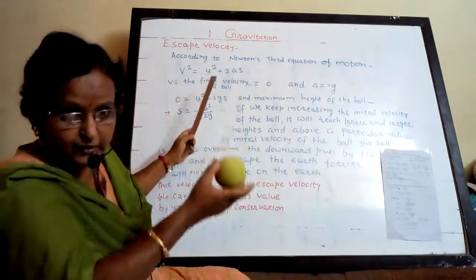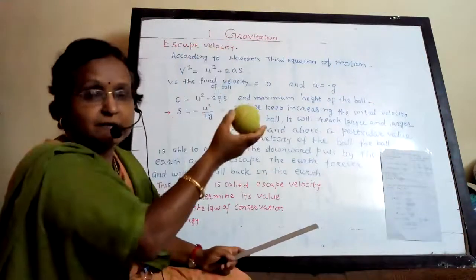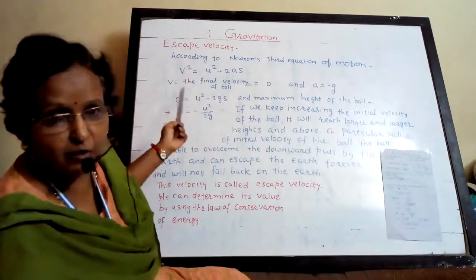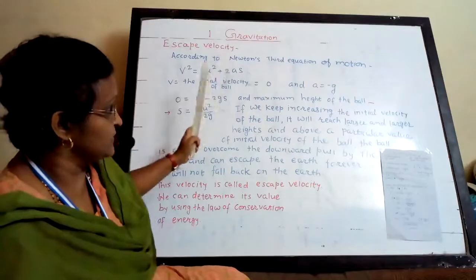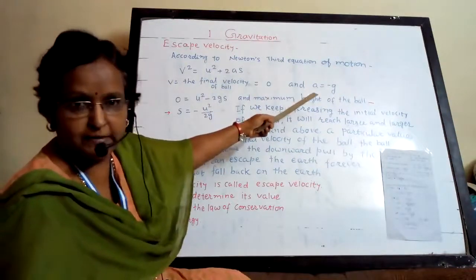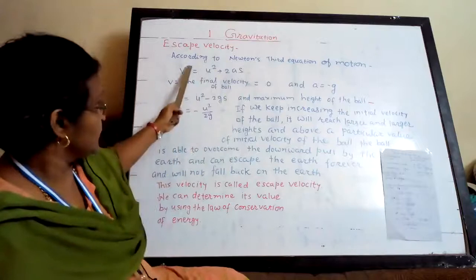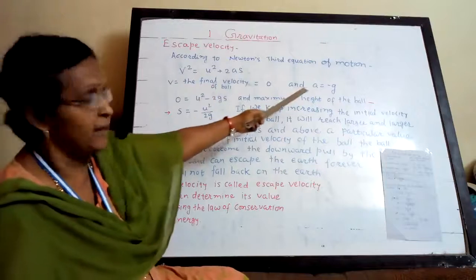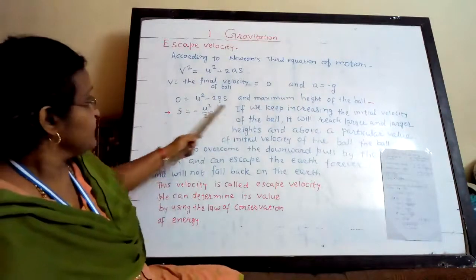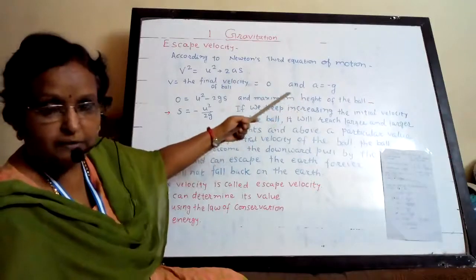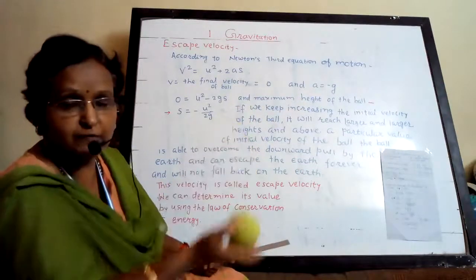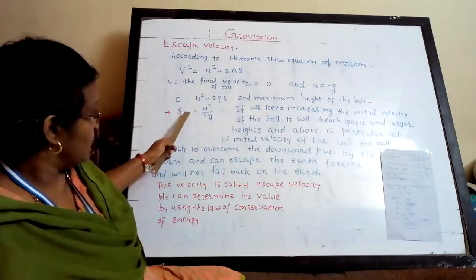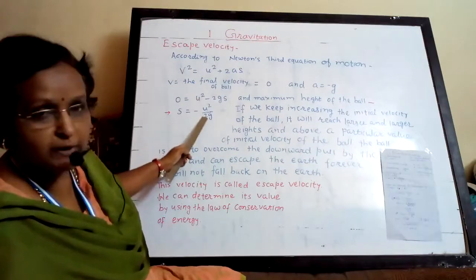Here v becomes zero and a is equal to minus g. So 0 is equal to u square minus 2gs, because a is equal to minus g. The maximum height of the ball depends on whatever velocity or energy we apply here. So s is equal to u square upon 2g.